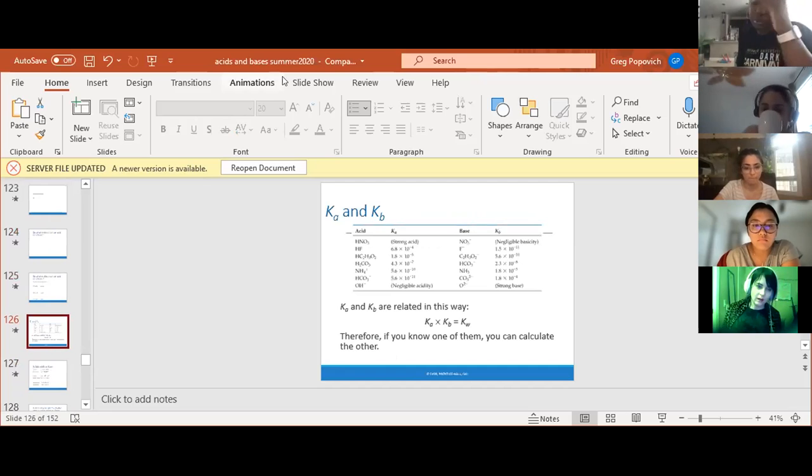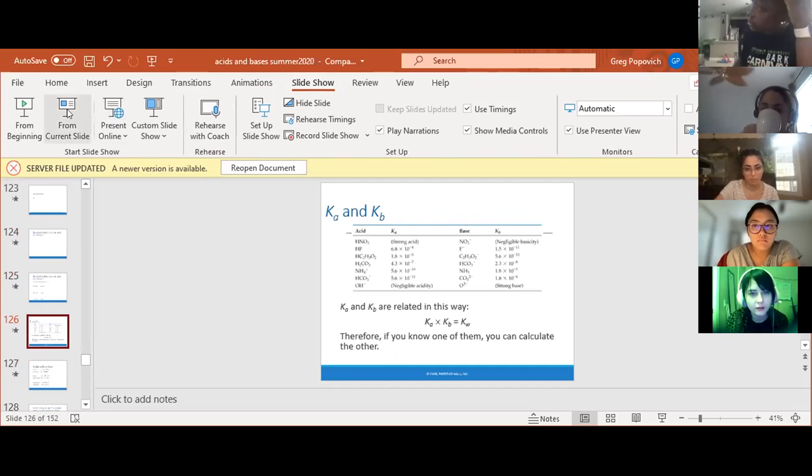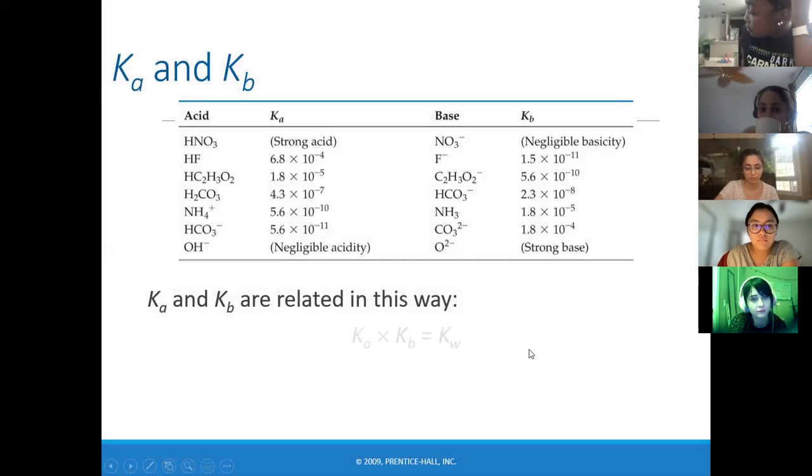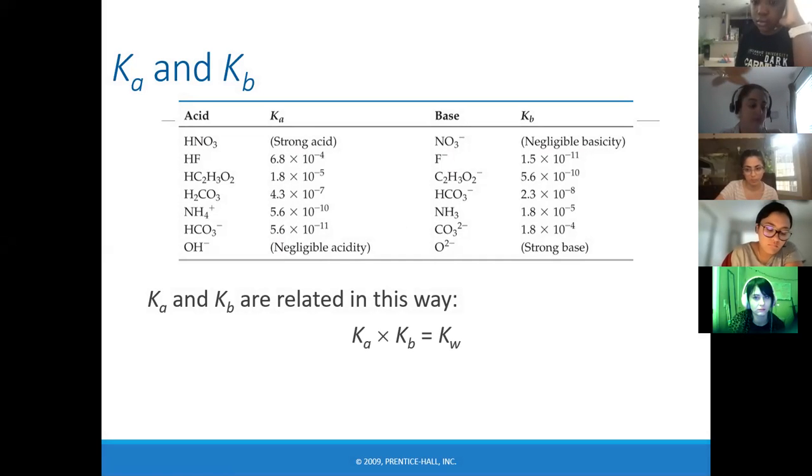Now, I'm going to make this a little bigger. I have a series of acids and conjugate bases. Now, my conjugate bases need a Kb. Where did the Kb come from?